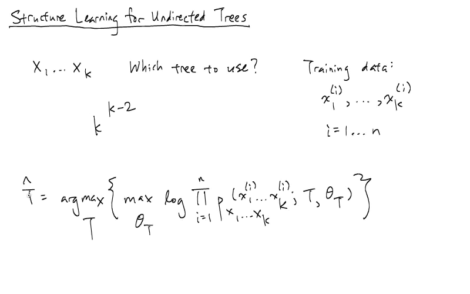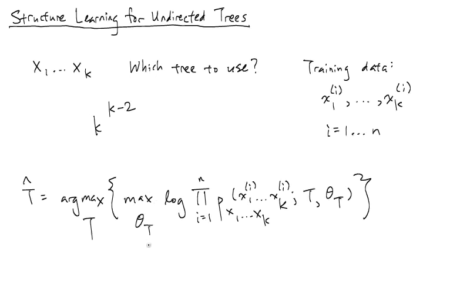For the argmax, we're only taking the argument over which tree and not over which parameters. Of course, it's easy to figure out which parameters are the best in terms of maximum likelihood for a specific tree, because once you know the tree, you just do the parameter learning approach we saw previously where we know the tree structure to get out what the parameters are.